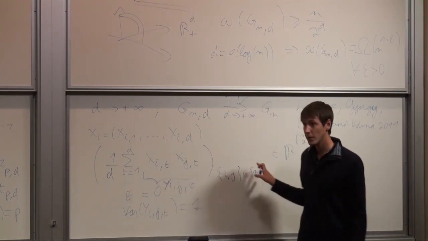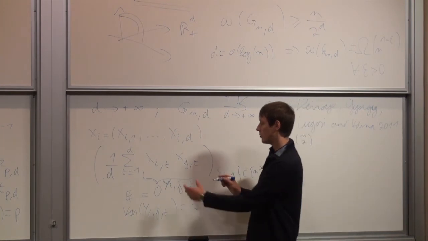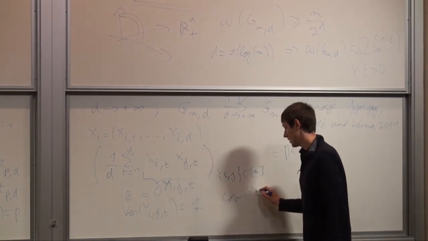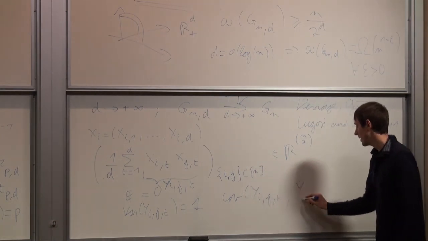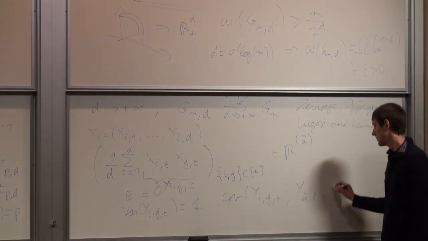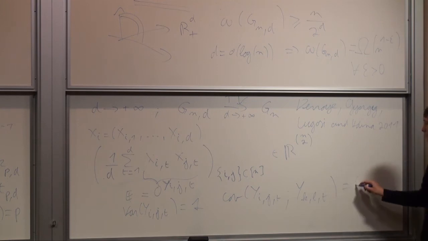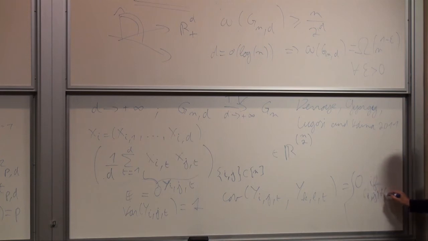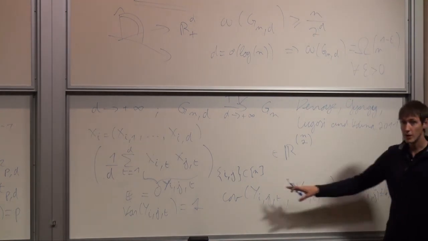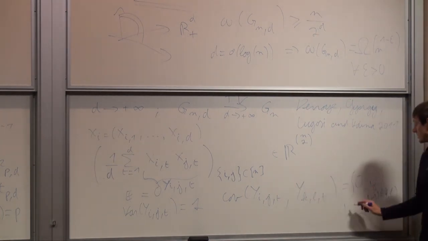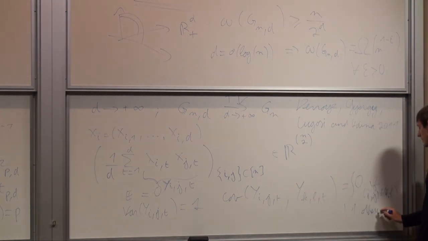This is 1 if i is not equal to j. And what are the covariances between y_ijt and, let's say, y_klt? The covariance is 0 if ij is not equal to kl. If I don't take exactly the same two indices, then the covariance is 0, and it's 1 otherwise. So I can just apply the central limit theorem.